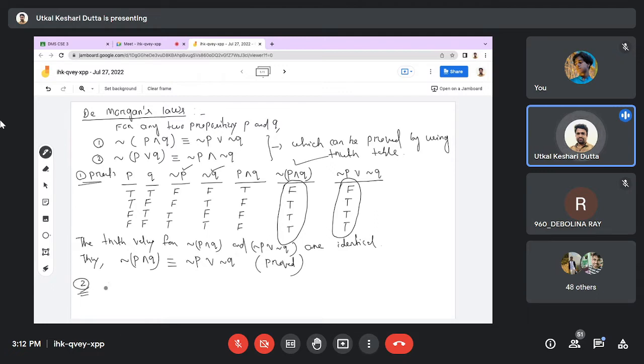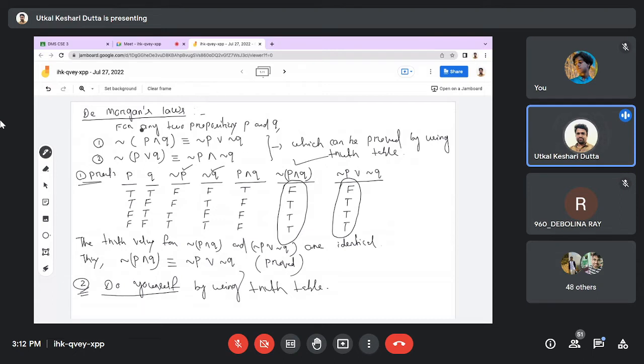For the proof of the second part, you can do it by using a truth table. Similarly, you find negation of P disjunction Q, and find negation P conjunction negation Q. Both will be identical, the same truth values.